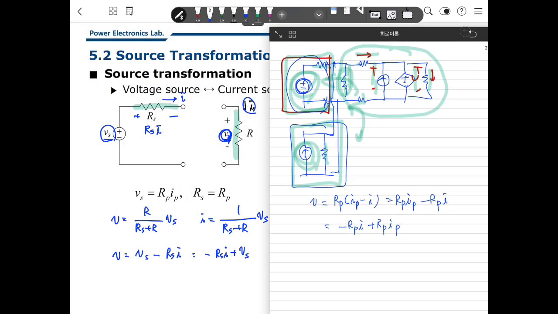So we can compare the V here. V is that and V is that.